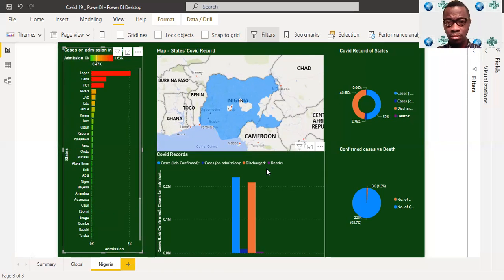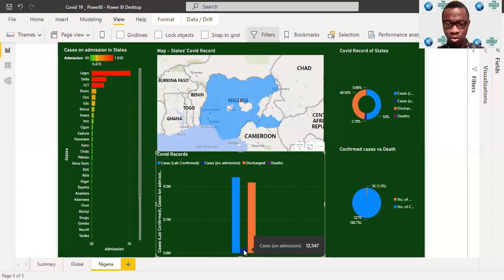This bar chart also shows us the confirmed cases. Confirmed cases, 227,297.